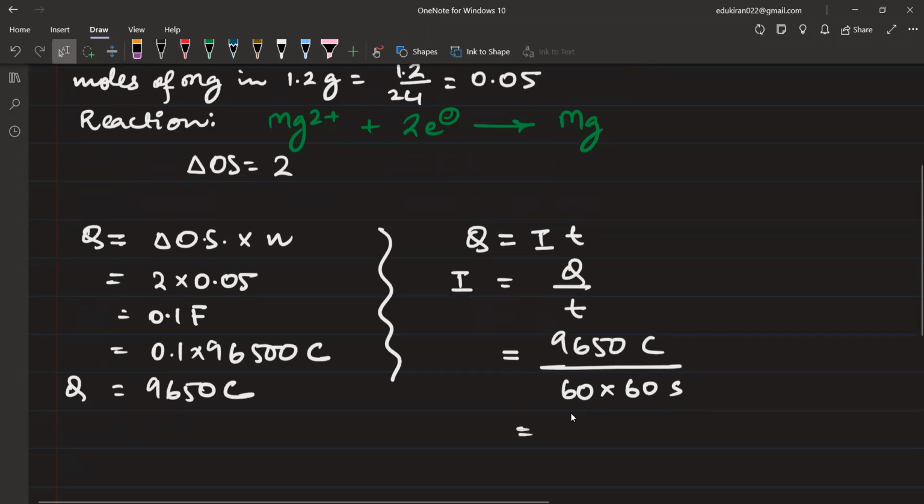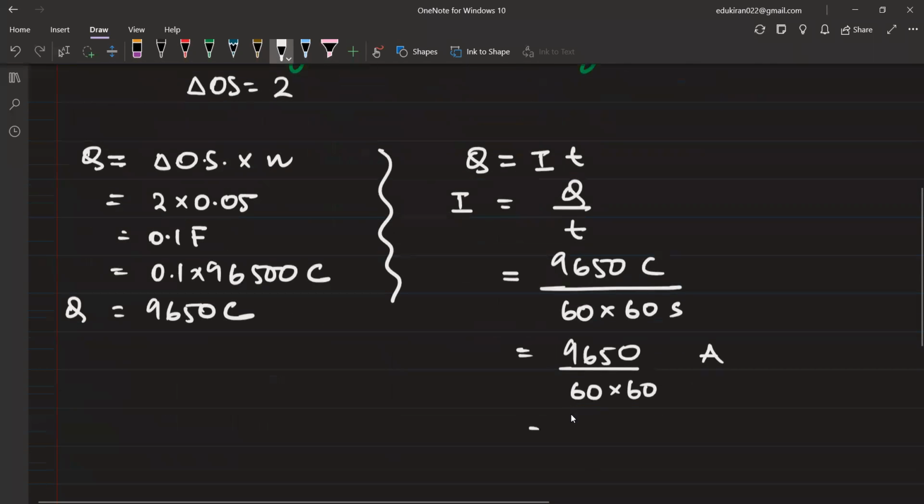Coulombs per second is going to be your ampere. Calculate here: 9650 divided by 60 into 60. How much is coming? 2.6 amperes.